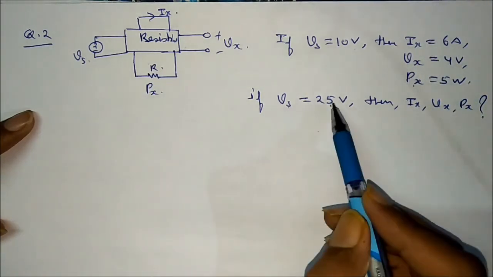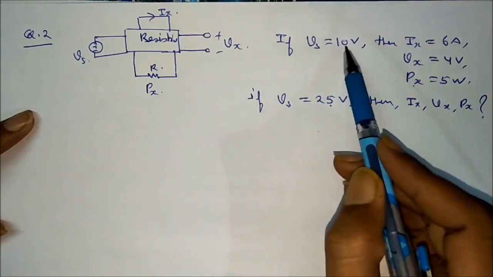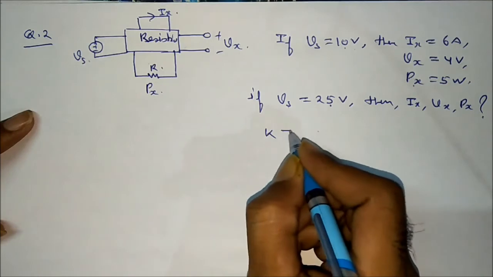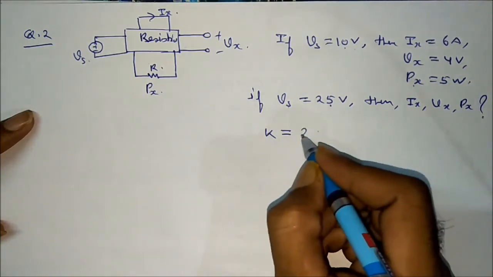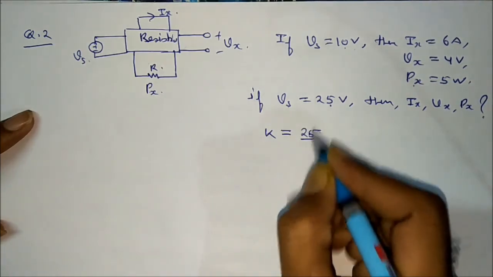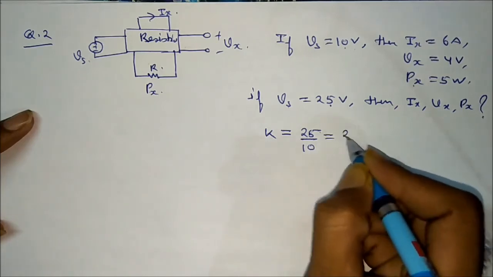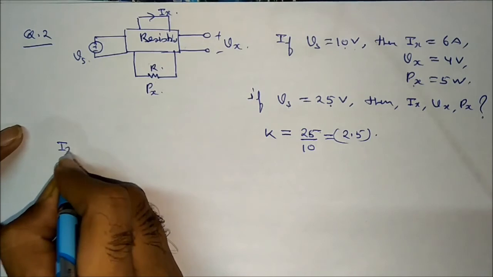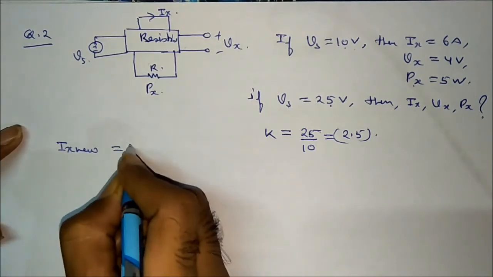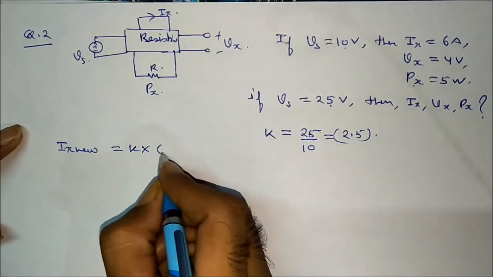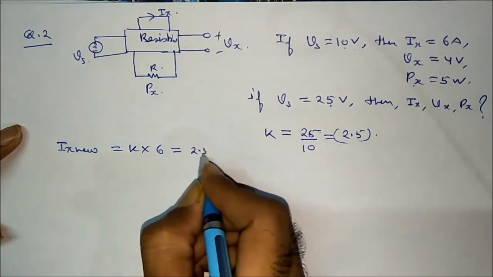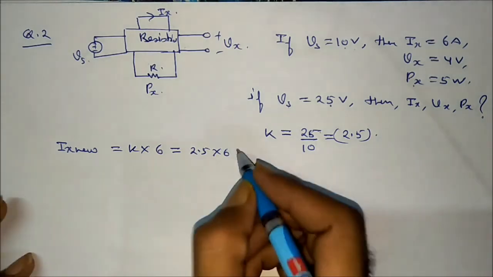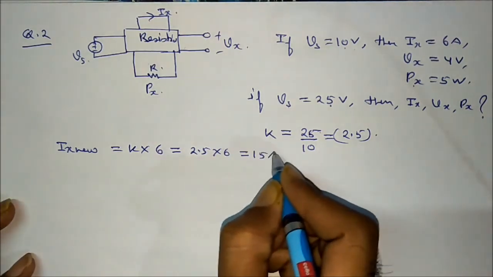So the new Vs value is 25 volt, the old value is 10. How much has it been scaled? You can calculate the K value: 25 divided by the old value 10, that is equal to 2.5. Then Ix new is equal to K times Ix old, that is 6, that is 2.5 into 6, that is 15 ampere.